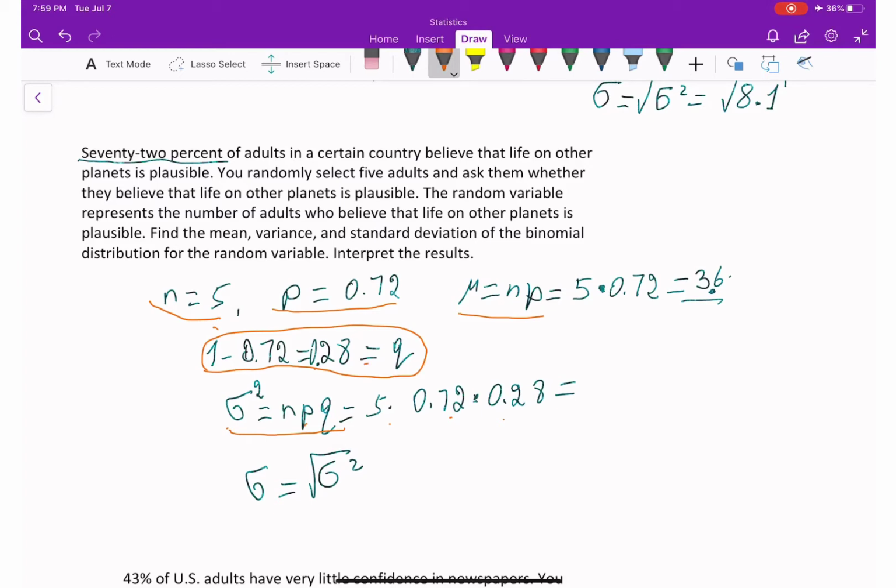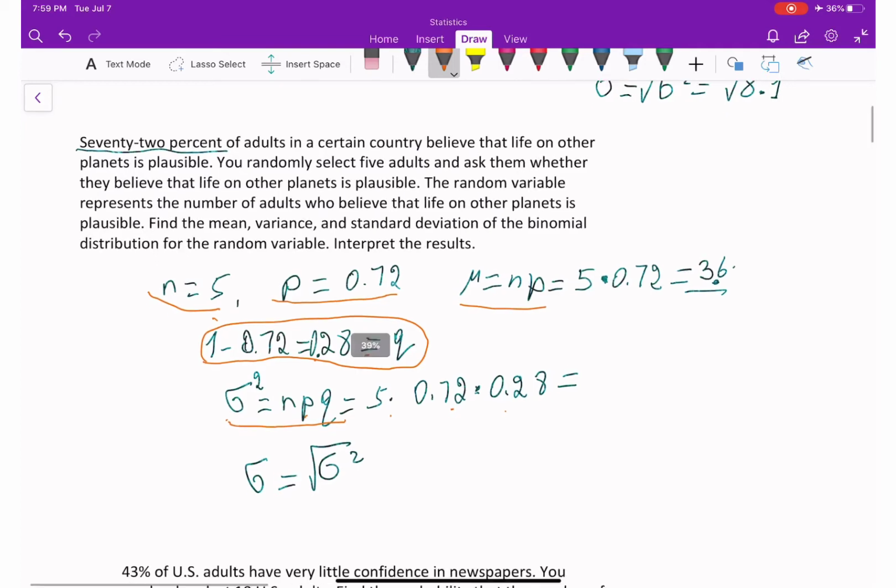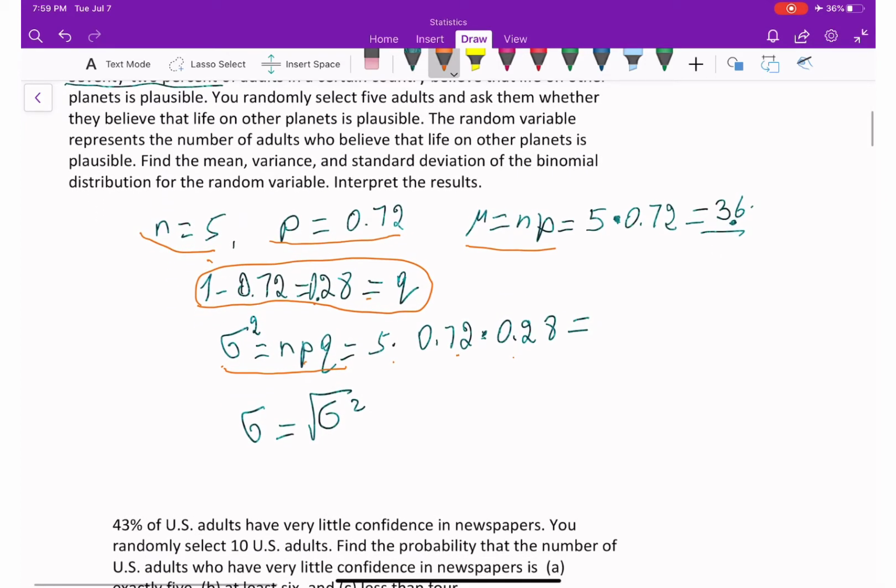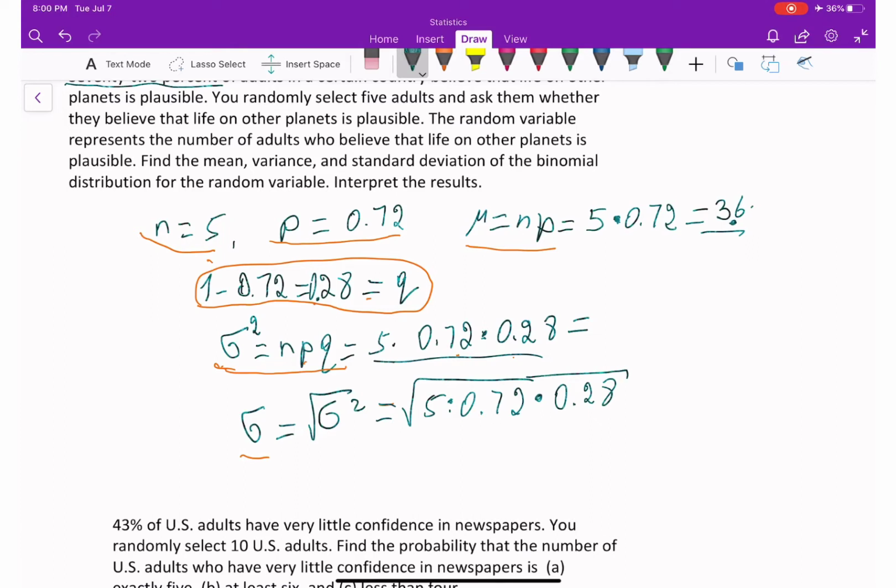So you can calculate it. I didn't do it, so I left it on you. And that will be variance, and standard deviation will be square root of sigma squared, which means it's going to be square root of this expression, 5 times 0.72 times 0.28, and you will get your standard deviation.